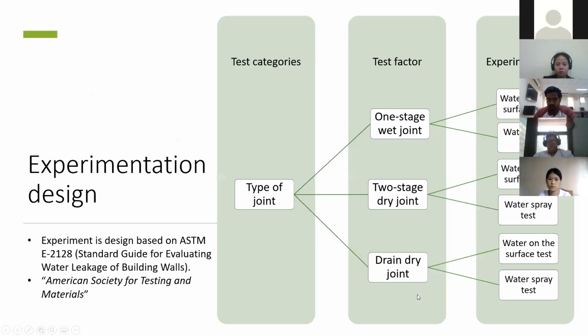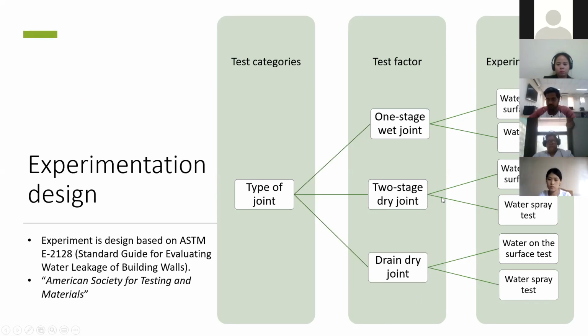The experimentation is a replicate of the ASTM E2128 standard guide for evaluating water leakage of building walls, from the American Society for Testing and Materials. The selected types of joint are the one-stage wet joint, the two-stage dry joint, and the drain dry joint.